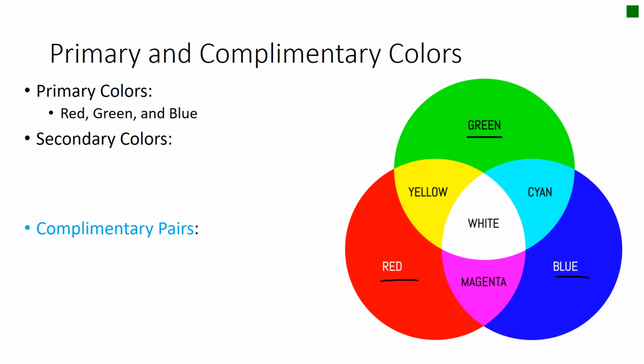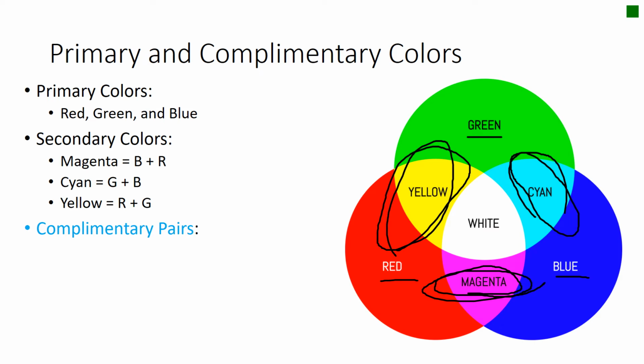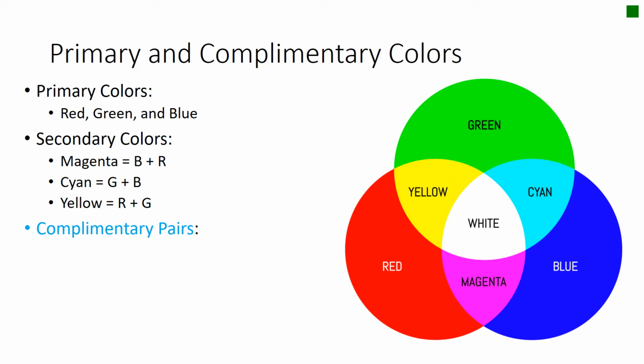Those are your primary colors of light. Your secondary colors are these guys right here, where you've got magenta being made by the combination of blue and red. You've got cyan being made by the combination of green and blue, and you've got yellow being made by the combination of red and green. Those are going to be your secondary colors of light.